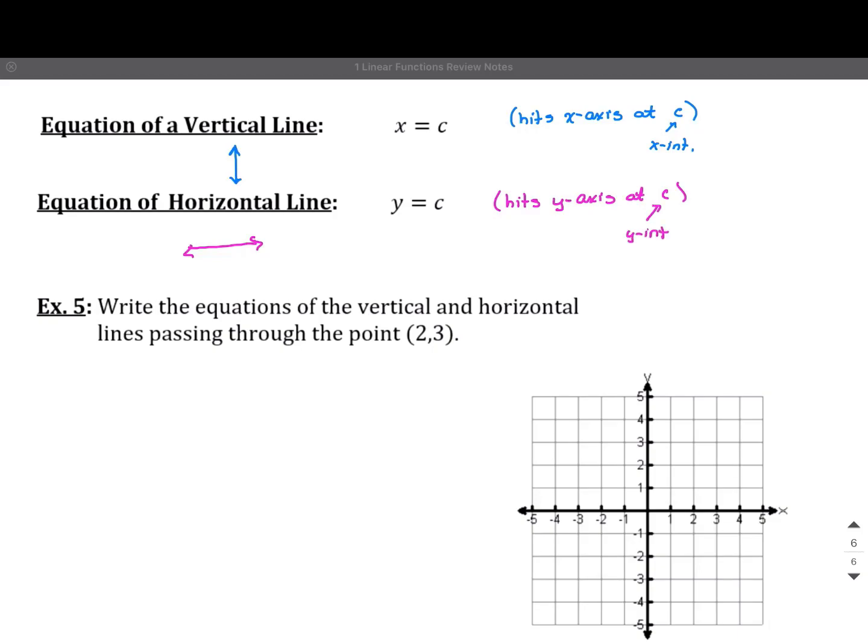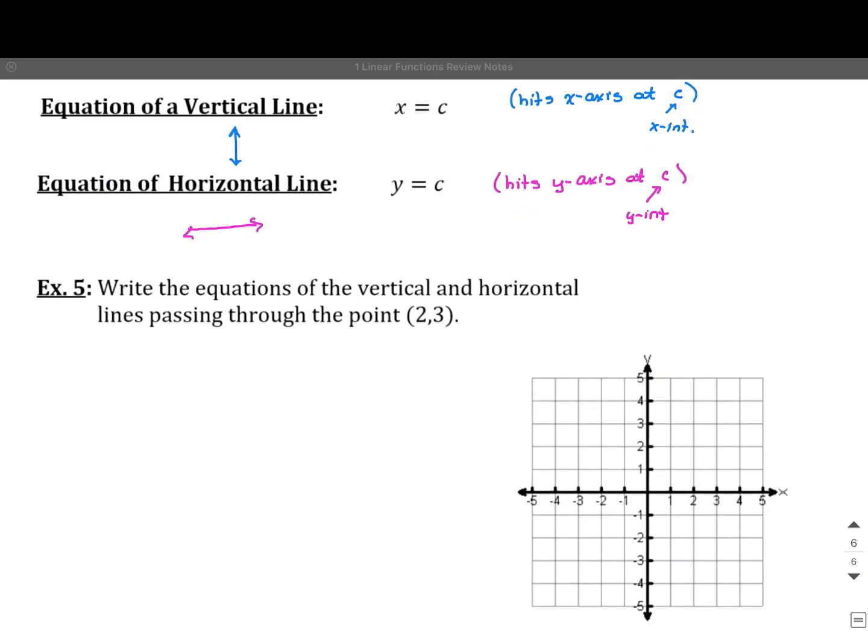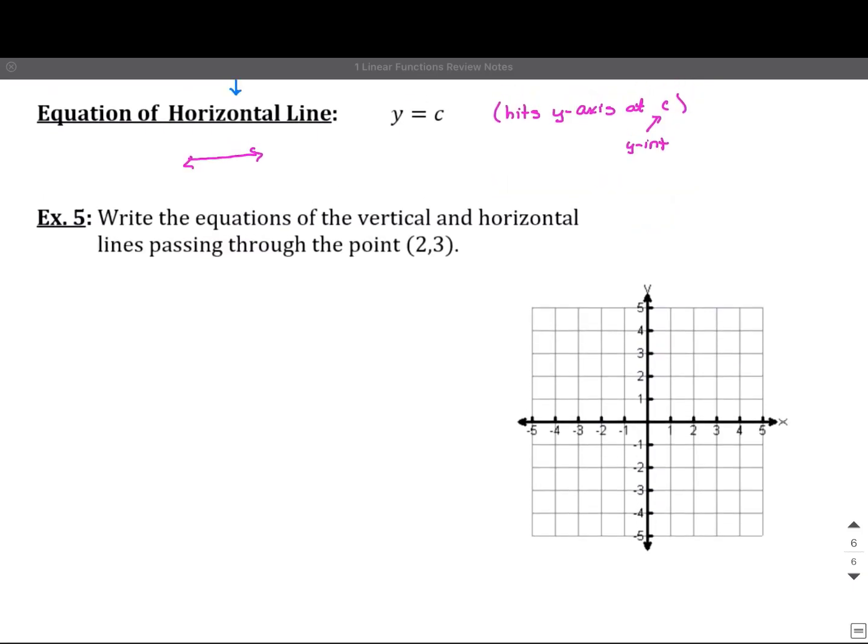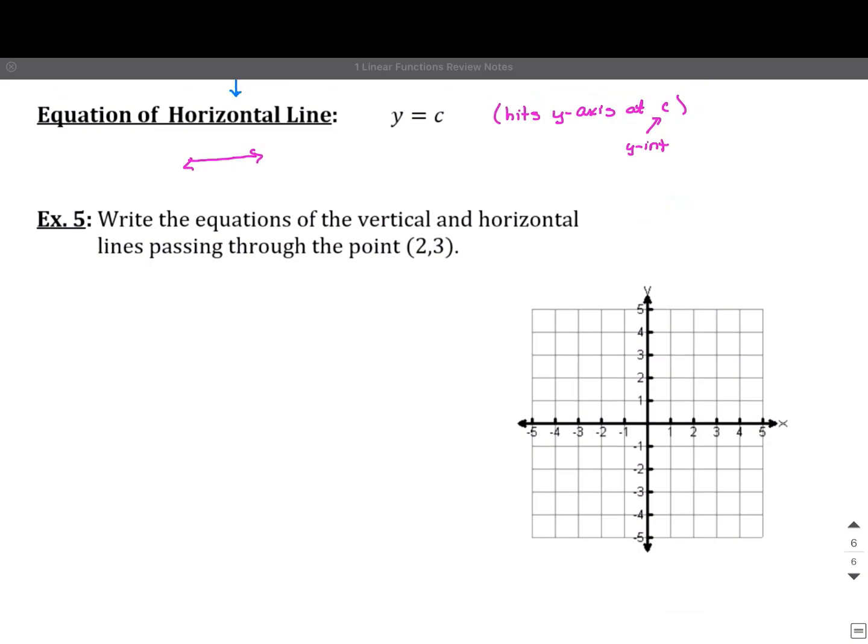So in this next example, I ask you to write the equations of the vertical and horizontal lines passing through the point 2, 3. The first thing I'm going to do is plot the point 2, 3 right here. There's our point 2, 3. Now, let's use my vertical line.